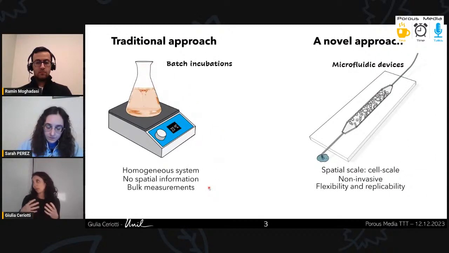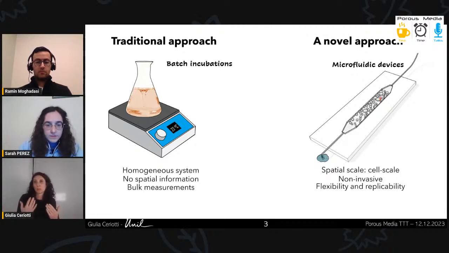One of the most commonly used now is the microfluidics device. So microfluidics devices are very tiny chips that we can etch with any desired geometry. So for example, we can replicate the structure of sands, grains, soils, whatever we like. And these are fully transparent and they can be placed on the microscope.